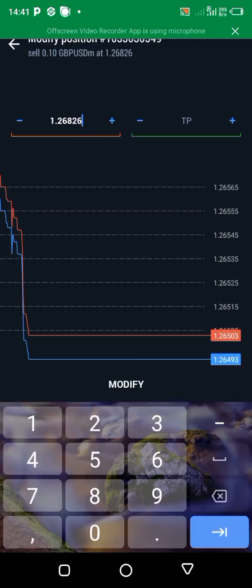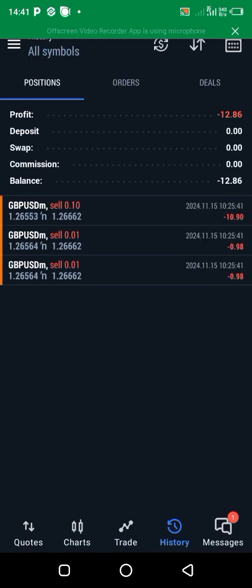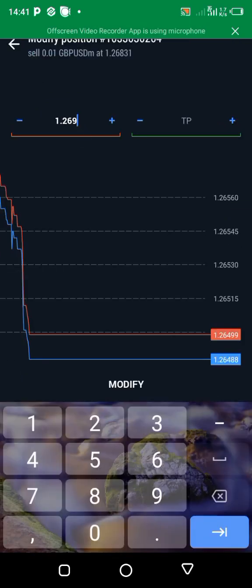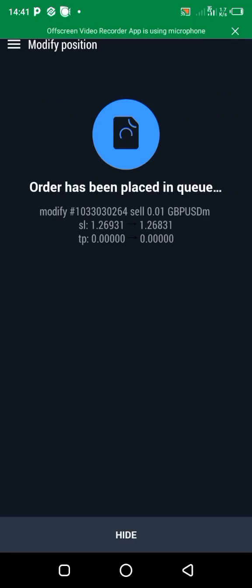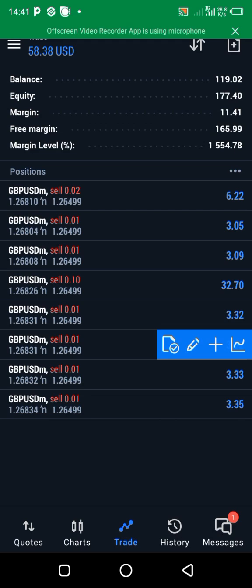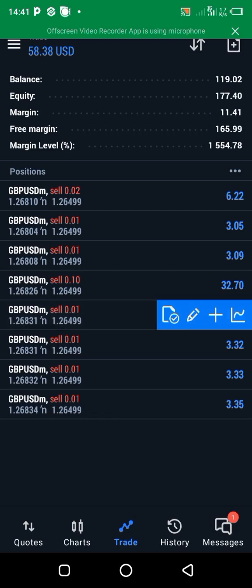1.26826, modify. Then the next is 1.26831. Then the next also 1.26831, and the next 1.268.